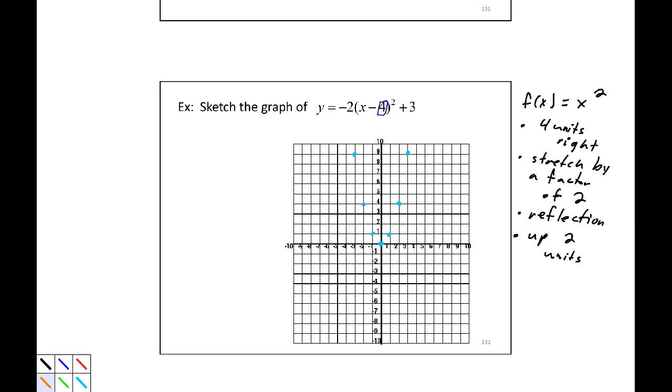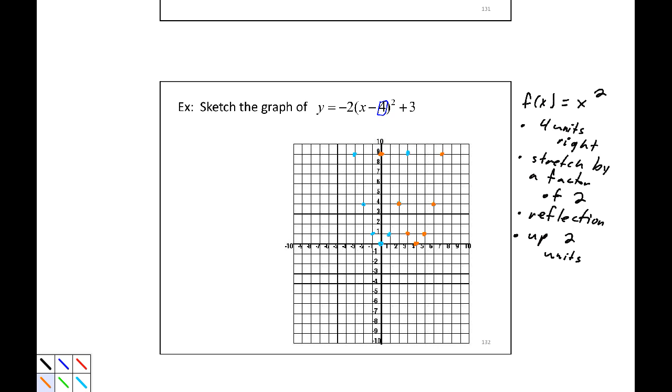Shift each of these points 4 to the right. So we will have 7, 9, going from right to left. We'll have 6, 4. You'll have 5, 1, and 4, 0. And then because it is symmetric, we will have the rest of those points up to 0, 9. So we have 0, 9, 2, 4, and 3, 1.